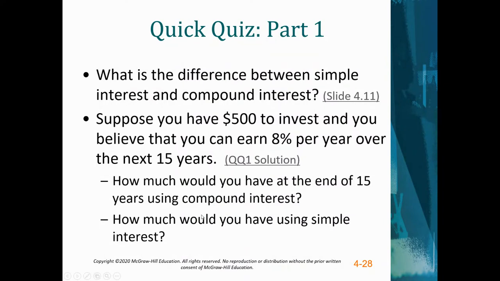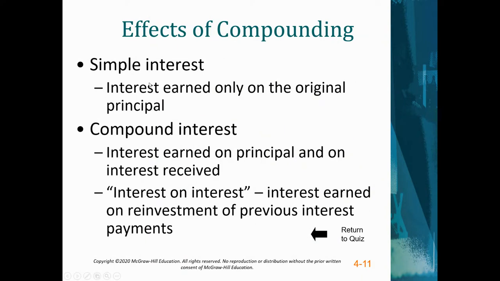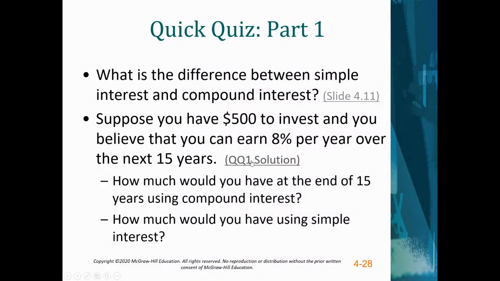So here we have a quick question. What's the difference between simple interest and compound interest? Simple interest, we learned in the last graph, is only on the original principal. Compound interest is interest earned on principal and interest received, interest on interest. So suppose I have $500 to invest and you believe that you can earn 8% per year over the next 15 years.